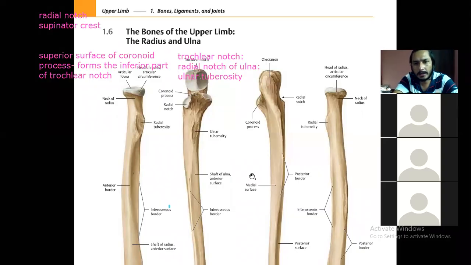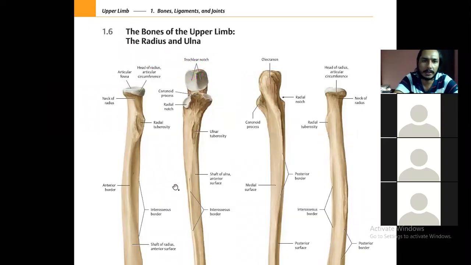The shaft of the ulna has three borders and three surfaces as usual.